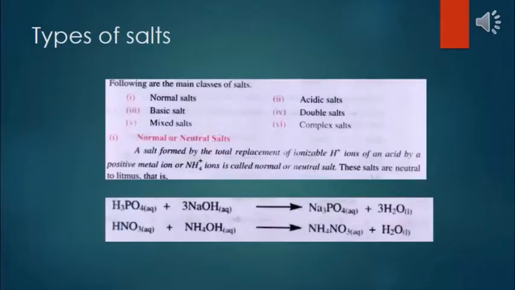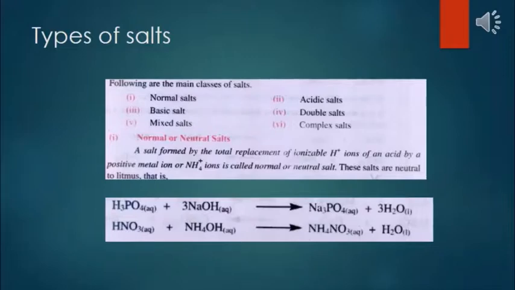After the preparation of the salts, here come the types of salts. The main classes of salts are normal salts, basic salts, mixed salts, acidic salts, double salts, and complex salts. Number one is normal or neutral salt. A salt formed by the total replacement of the ionizable hydrogen ions of an acid by a positive metal ion is called a normal salt or a neutral salt.